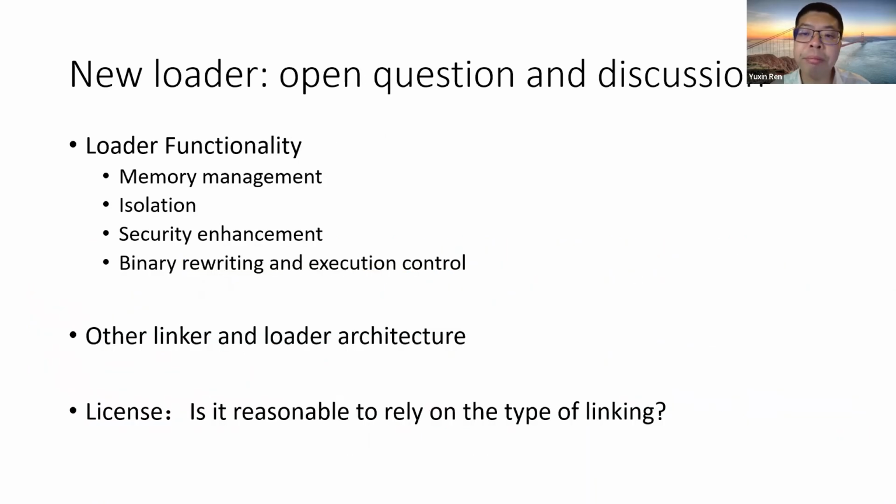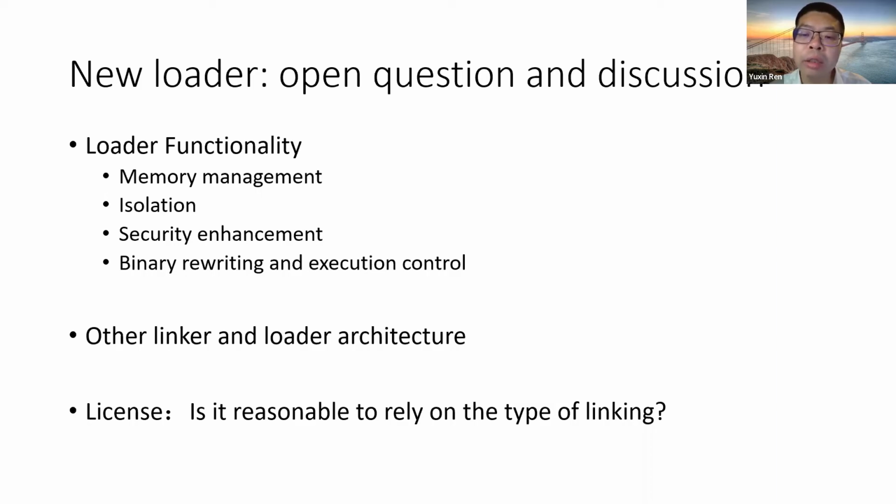Last, we discuss some open questions that are worth more research in the future. First, what functionalities should a loader provide? We enhance the loader with some new features, but more functionalities may also be needed in the loader, and it's an open question. Second, we do not argue that our pass-based architecture is the only or the best way to design a loader.